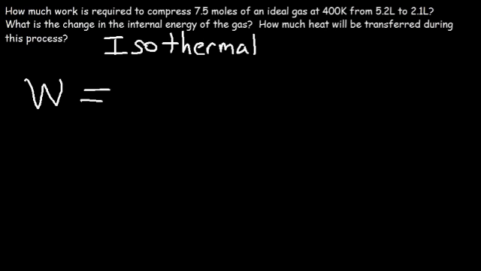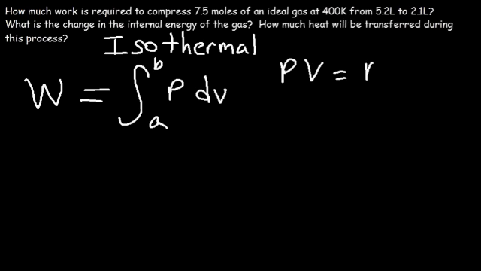The work required, which is the area under the curve, is simply the antiderivative of the pressure function using volume as a differential. So it's the antiderivative of P dV. Now, according to the ideal gas law equation, PV is equal to nRT.